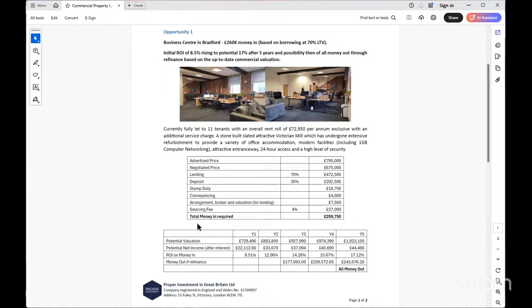Got it. And then that difference between the advertised price and the negotiated price, is that down to your business partner examining the leases of the current tenants? It's partly that, and also partly supply and demand. It's sometimes the same in residential when we've got standard buy to lets.